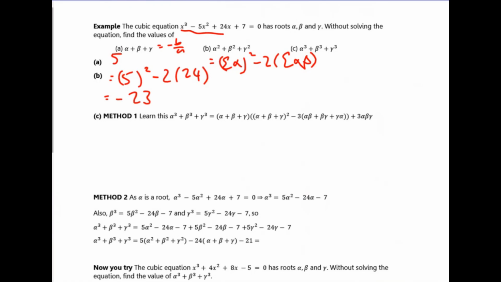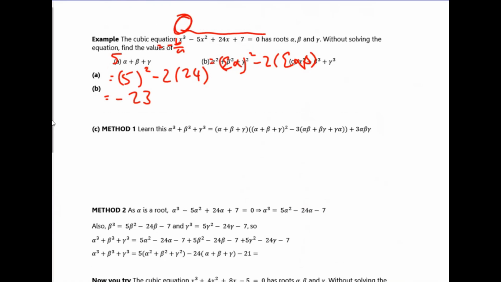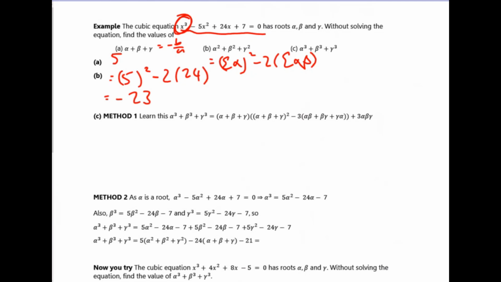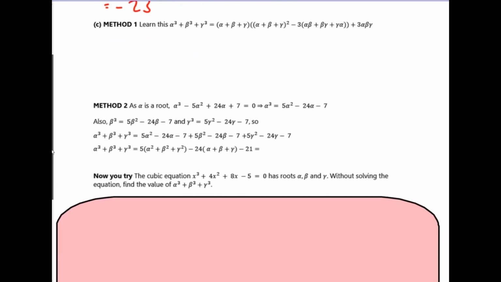Well, in this question here, we have a cubed term. So if our roots are alpha, beta, and gamma, if I substitute each of those into here, so just think about alpha for now, if I substitute alpha into here, this will satisfy and it will be equal to 0. So I can get that alpha cubed minus 5 alpha squared plus 24 alpha plus 7 equals 0. And I can rearrange this to make alpha cubed the subject.